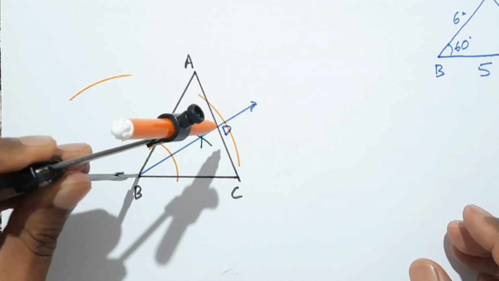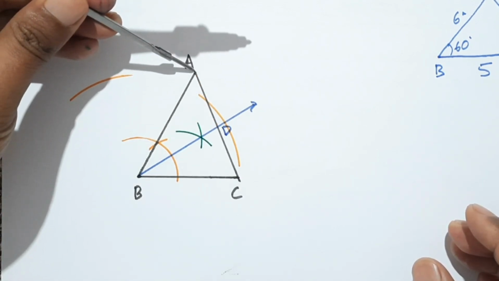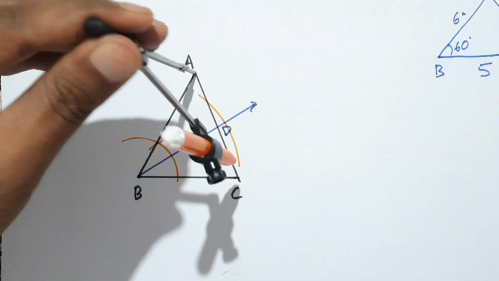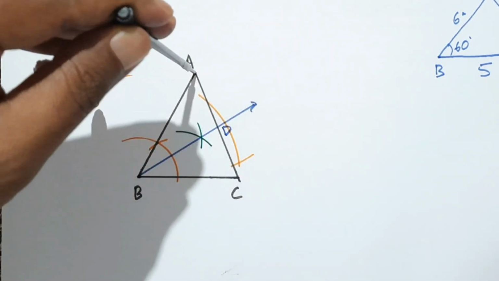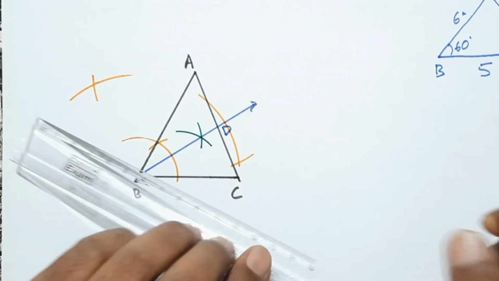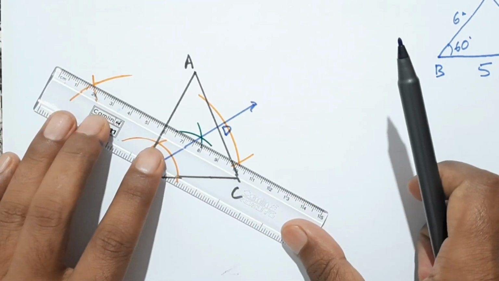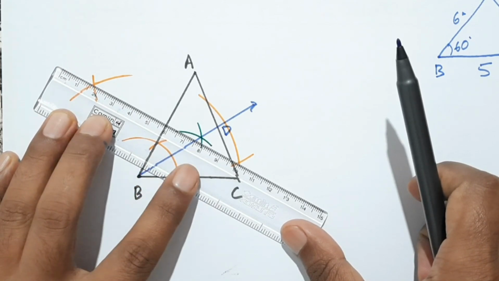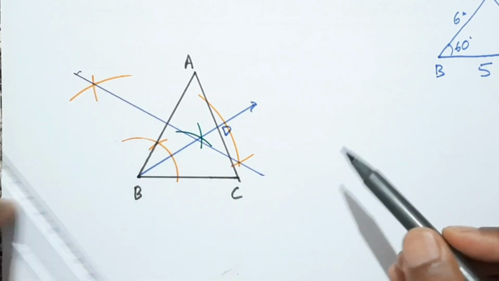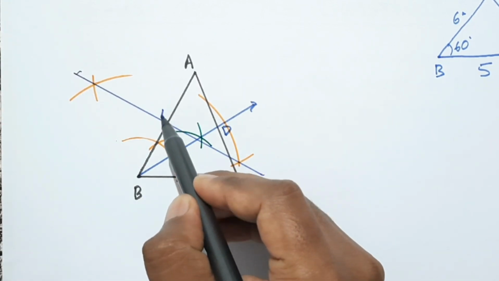Now putting the same compass at point A, cut this arc, here and here. So this is our perpendicular bisector of line segment AB, that is the locus of a point equidistant from A and B. Let this point be E.